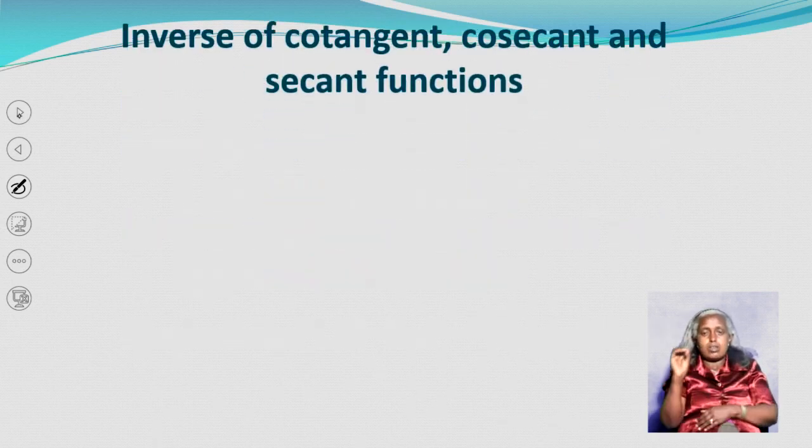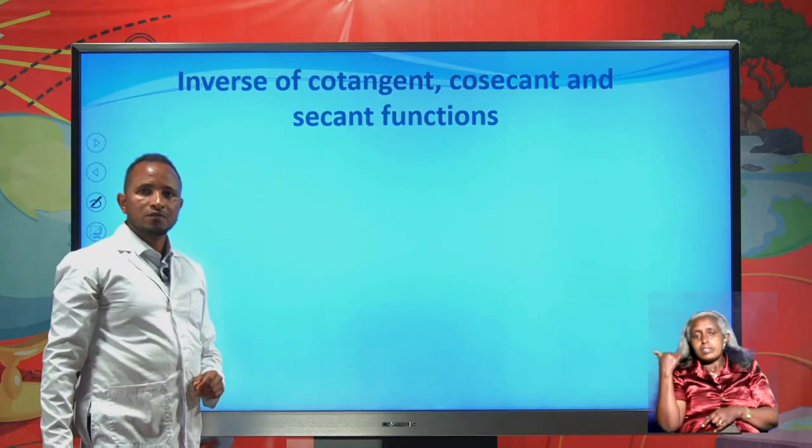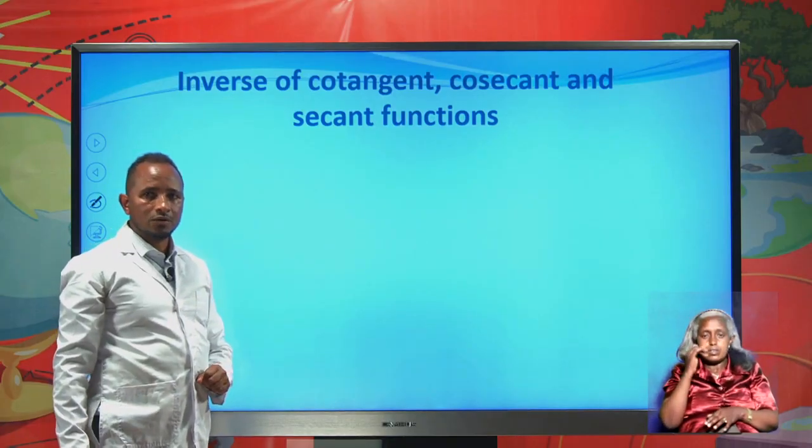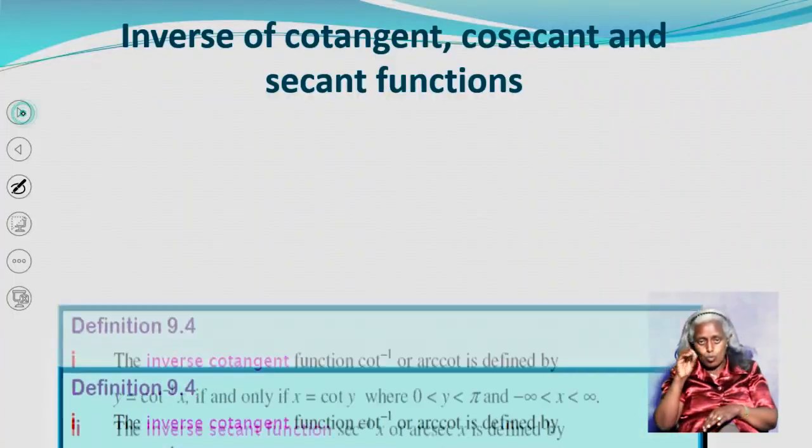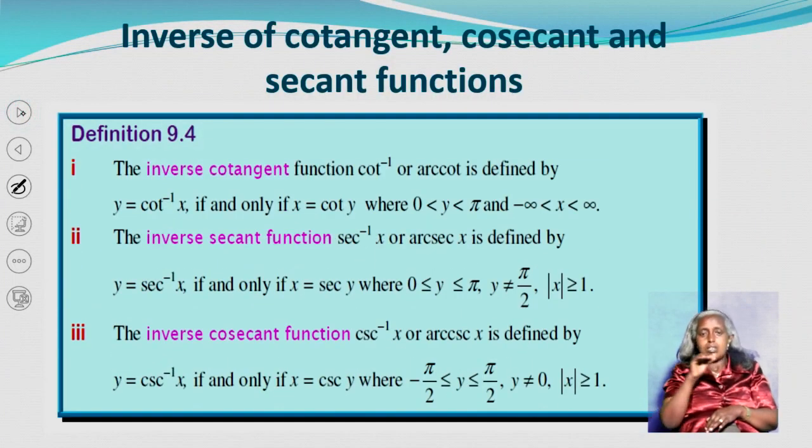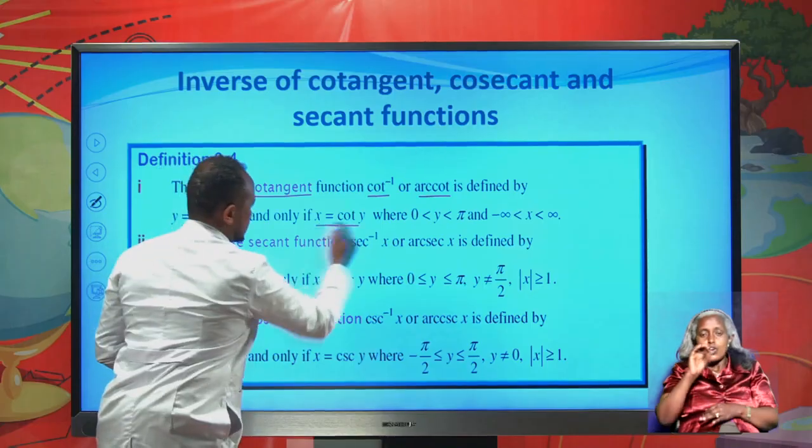Okay, now let's see the inverse of other trigonometric functions: cotangent, secant, and cosecant. So let's see a definition. The inverse of the cotangent function is written cot inverse, or arc cot, and it's defined by y is equal to cot inverse of x, and this will happen if and only if cot y is equal to x.